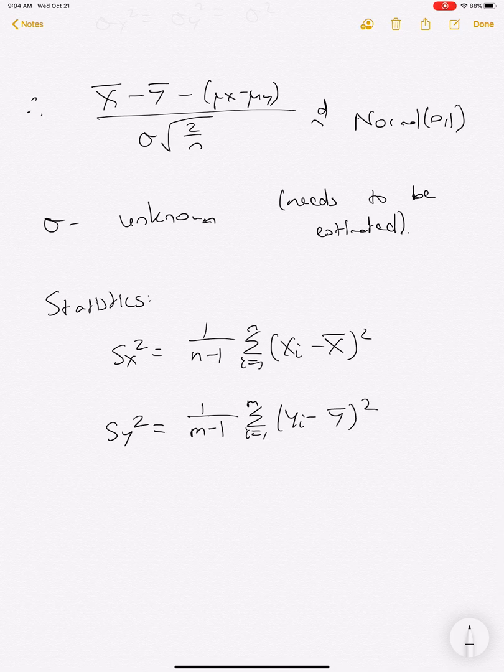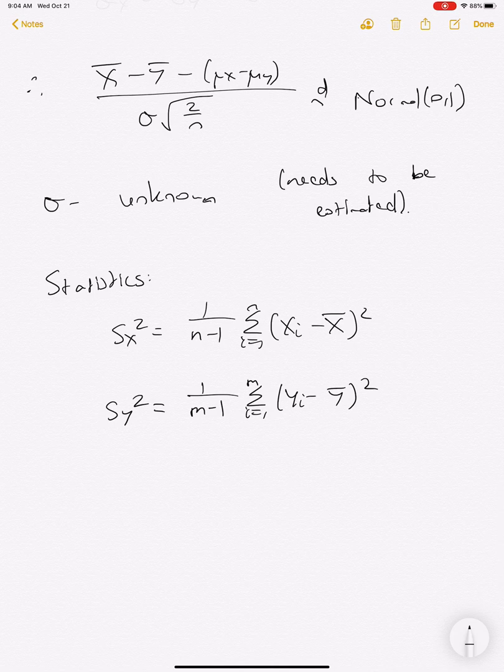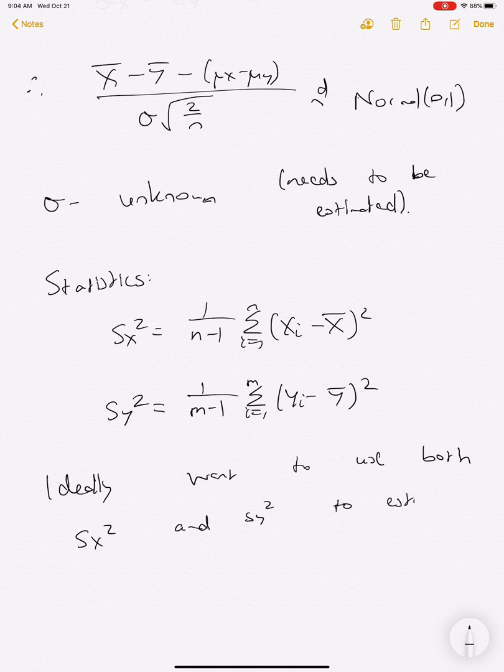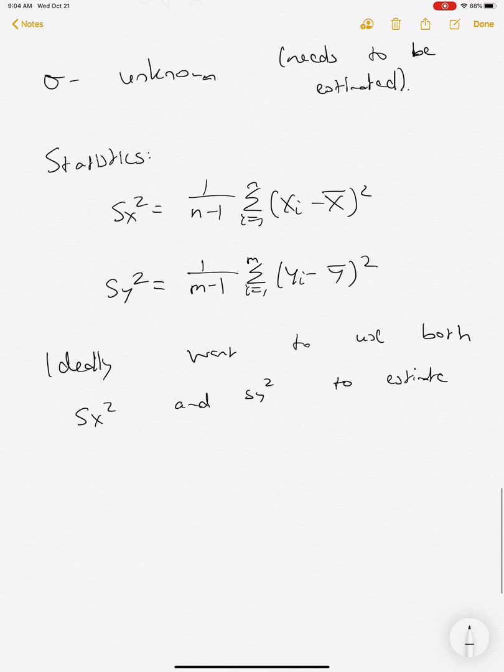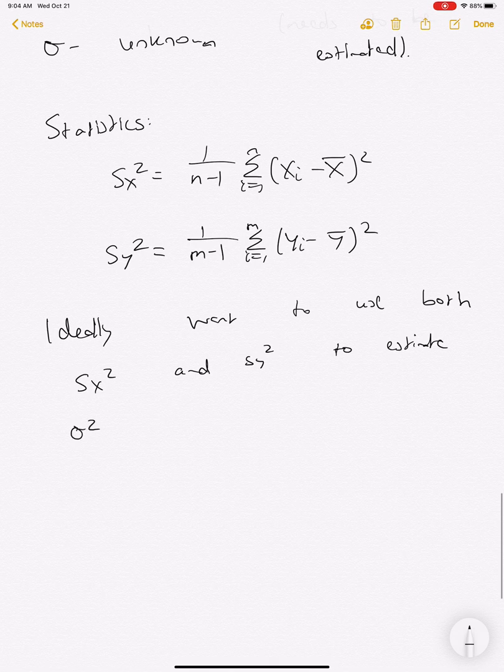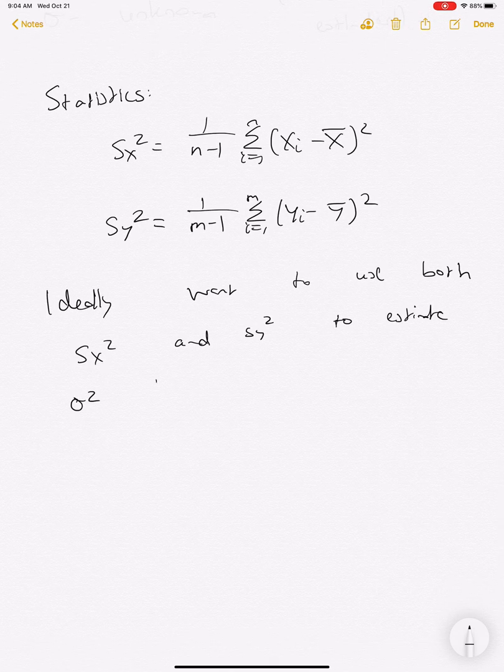Okay, and so ideally we want to use both sx squared and sy squared to estimate sigma squared, so that we exploit the data as much as possible.